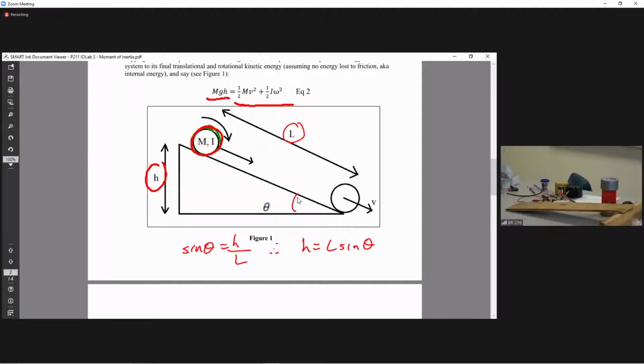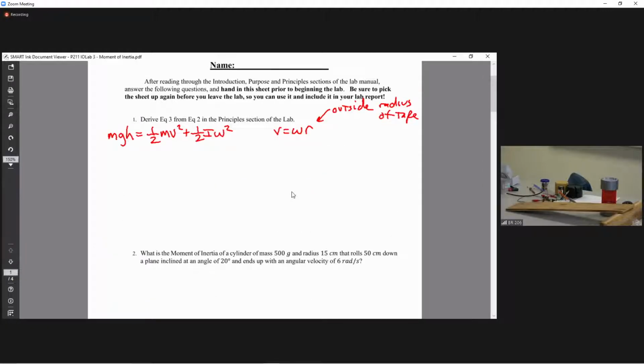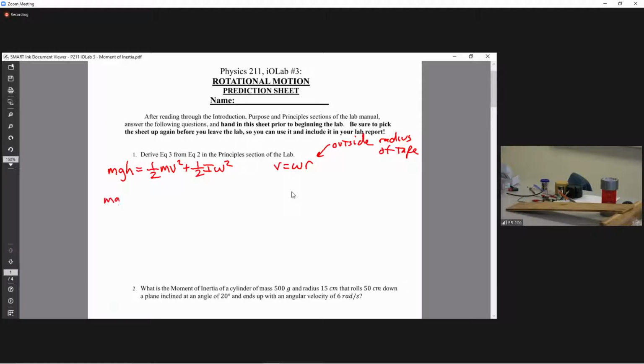So we can make this mgL sine theta equals 1/2 mv squared plus 1/2 I omega squared.